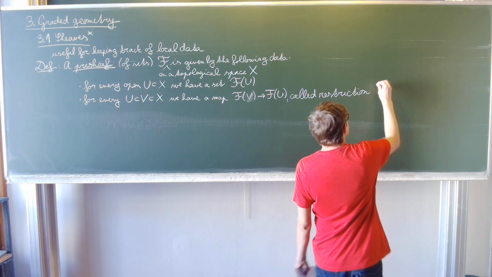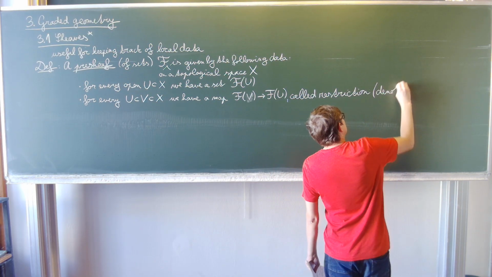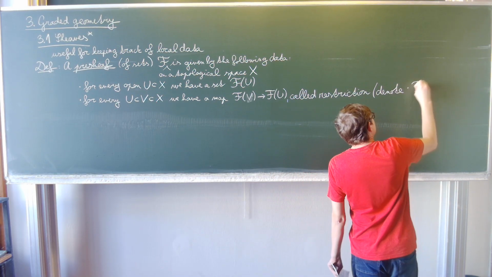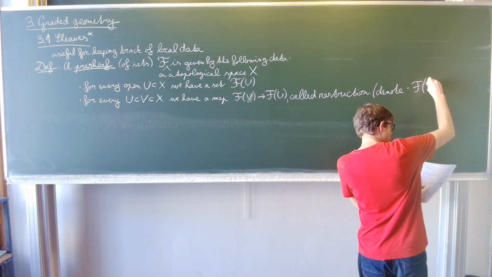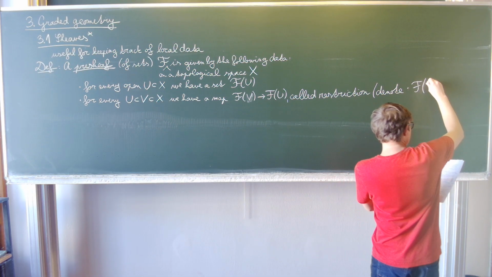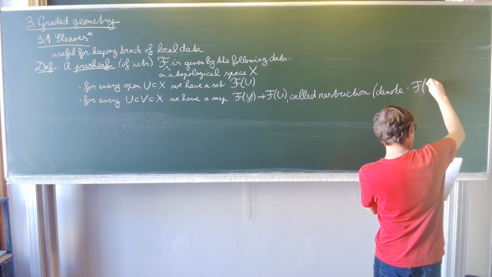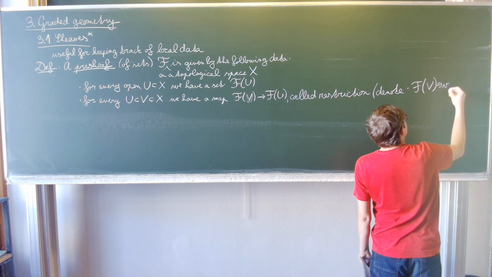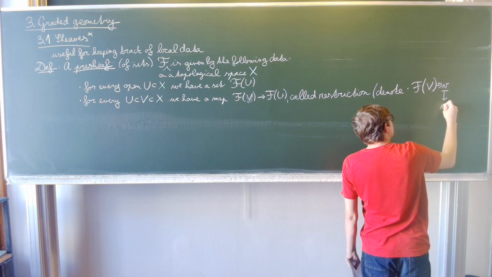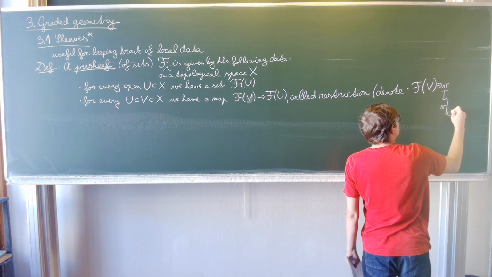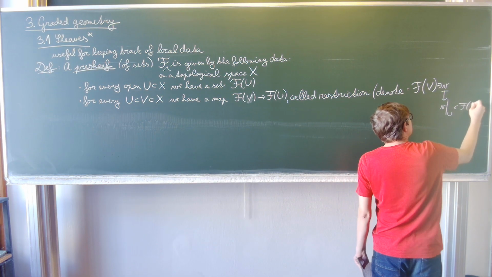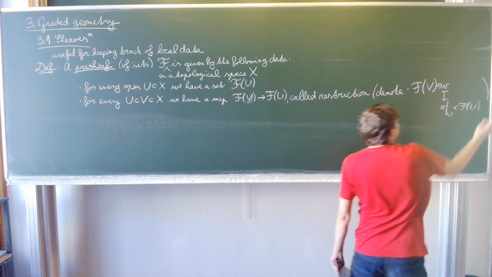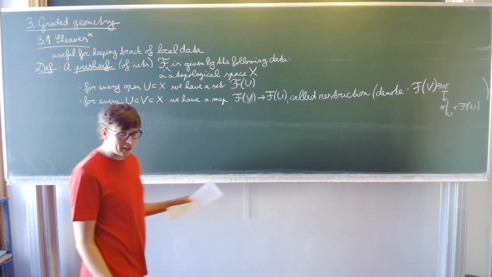And the way you denote that is that if you take F of V and take some element v, then the image of that you will call v restricted to U. This is the standard. You use the restriction notation.